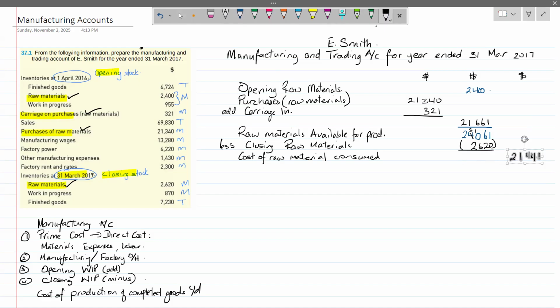Next, we're going to have our other direct expenses. So let's see. We will take this figure here, manufacturing wages. These had to be the people that are working on this stuff, so direct labor.